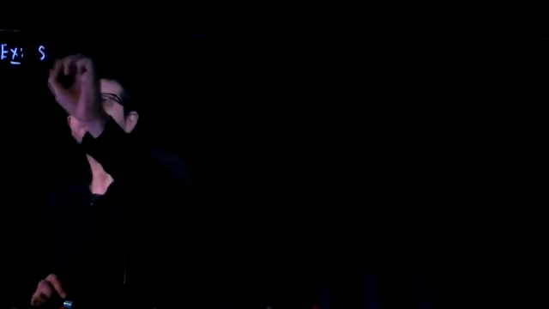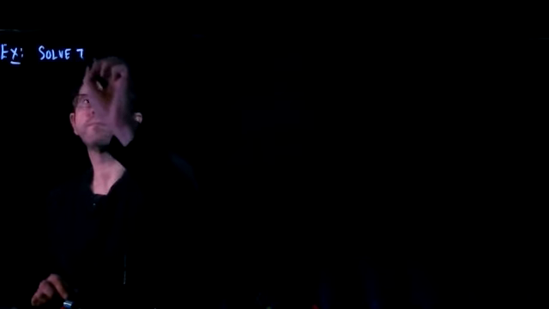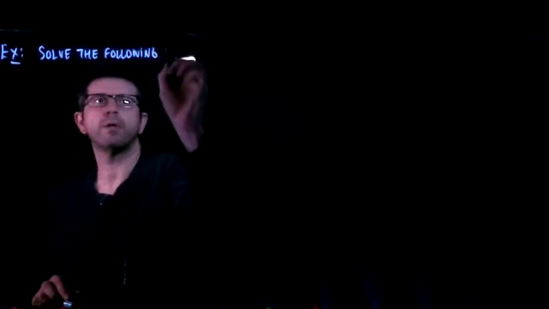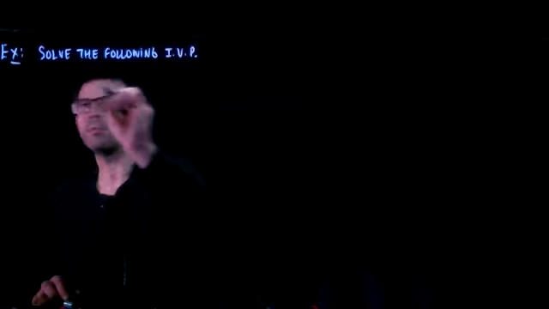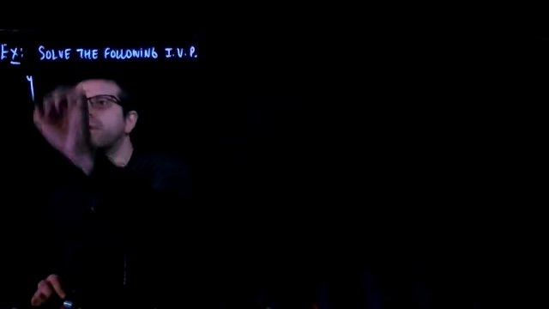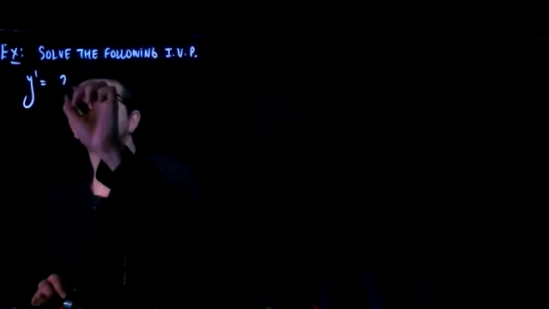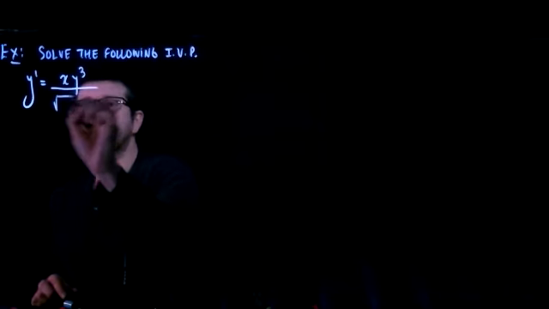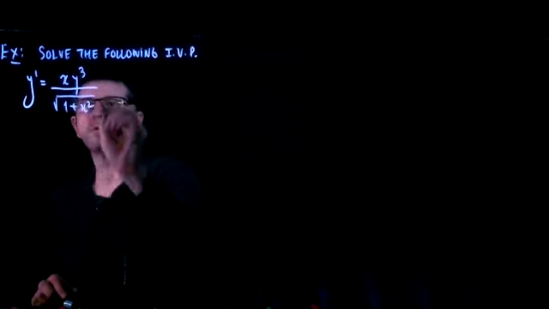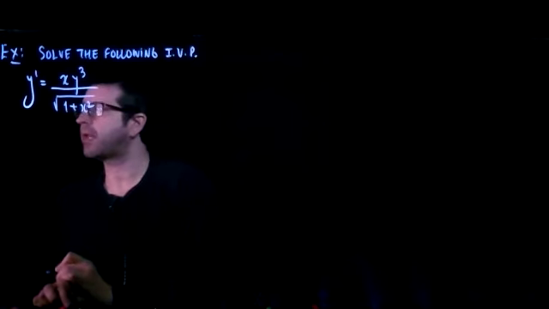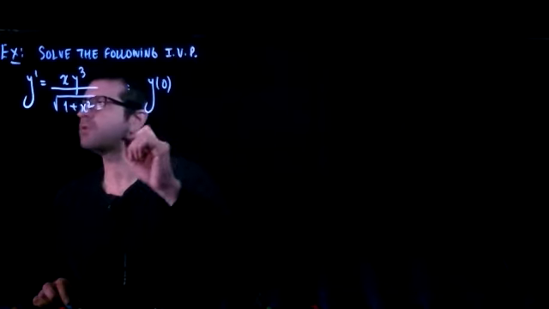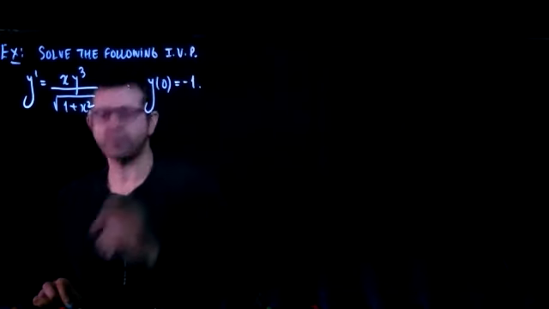For example, we're going to try it. Solve the following initial value problem. Let's say y prime equals xy^3 over the square root of 1 plus x^2, and the initial value is y of 0 equals -1.